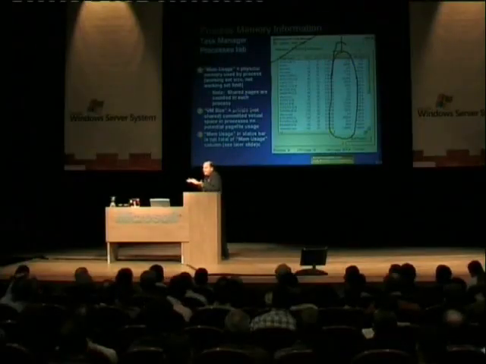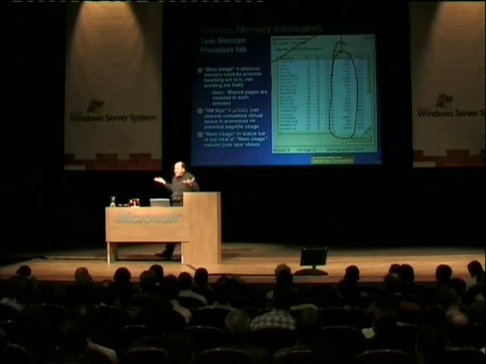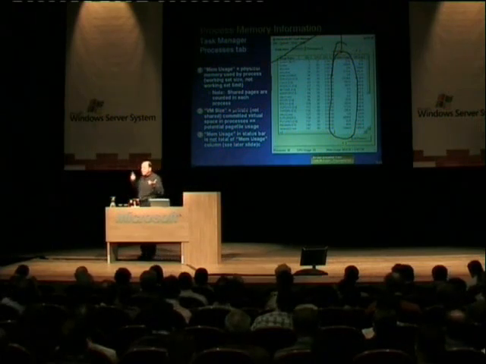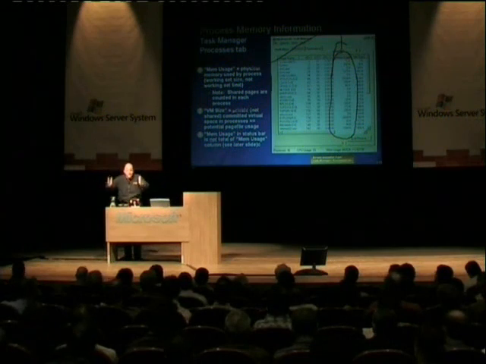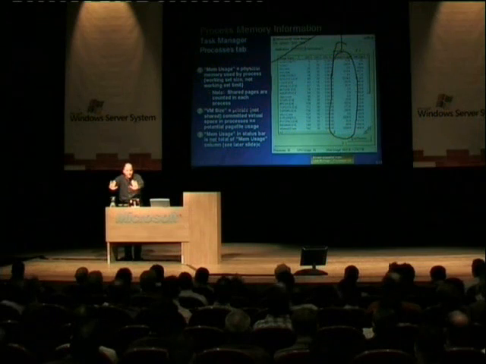The memory manager does. It's an interesting number to look at, but it's not really the right indicator of a memory leak. A process with a memory leak will have a working set that goes to a point, and then what does the memory manager do to that process? It says, stop. You're as fat as you're going to be, physically. Virtually, if you want to keep increasing your size, fine.